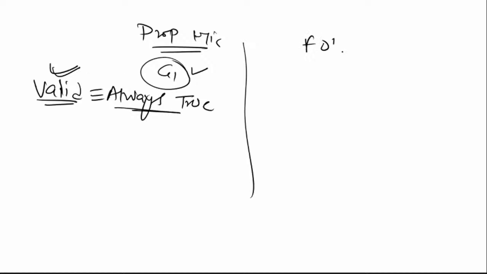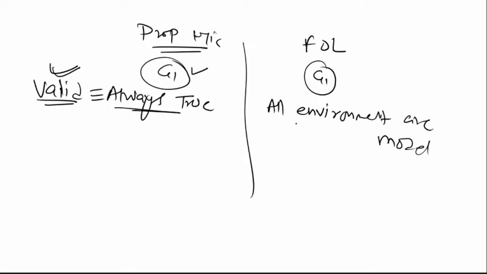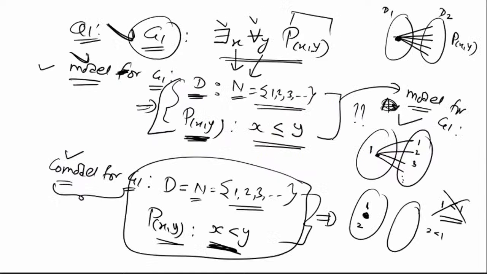Similarly, in first order logic, what is the definition of validity? Very simple. All environments are models. Whatever environment you give, if all environments are models, then we will say that this G1 is valid. For example, you can see that for this G1, this environment is a co-model.